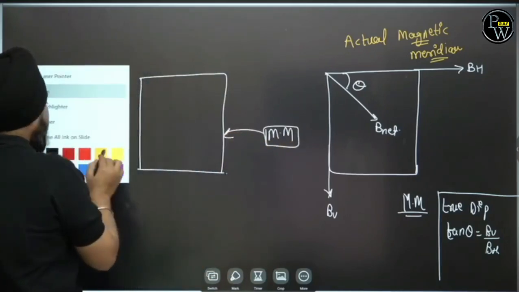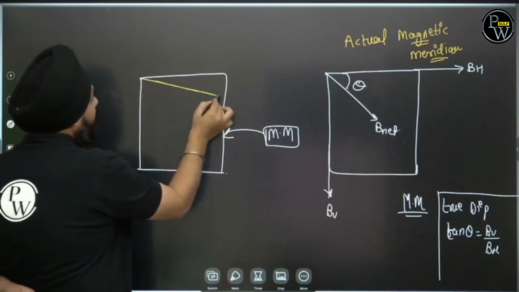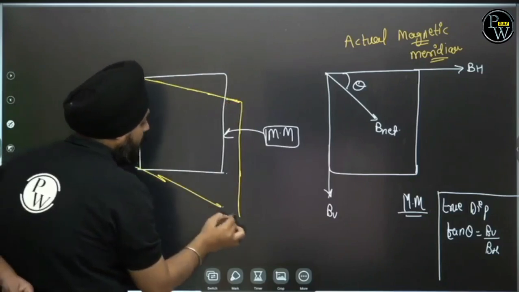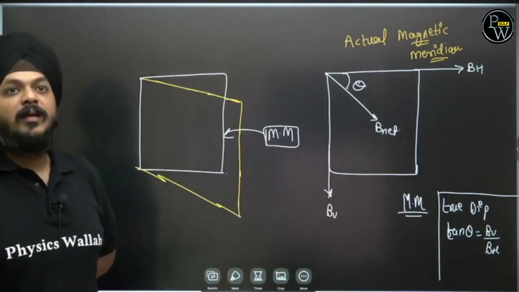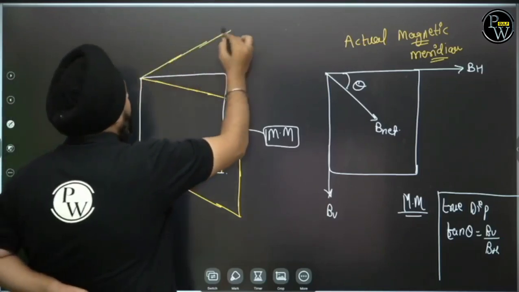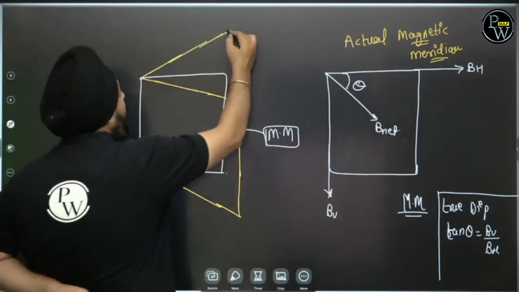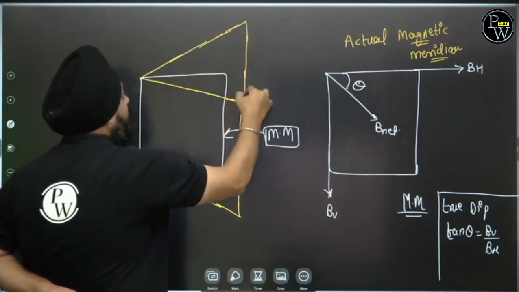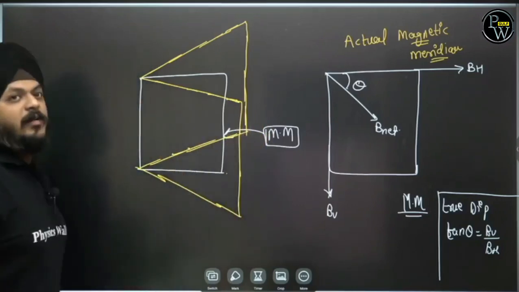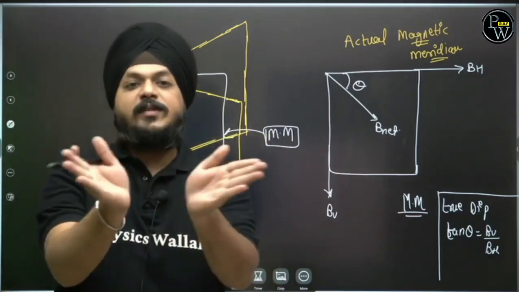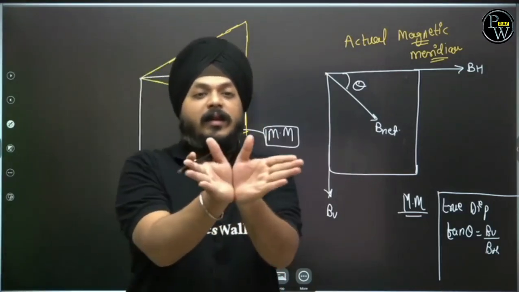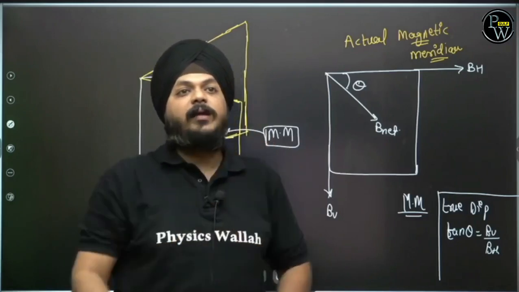We have one plane this way and the second plane this way, like two parts of a coin, and in between we have the magnetic meridian.